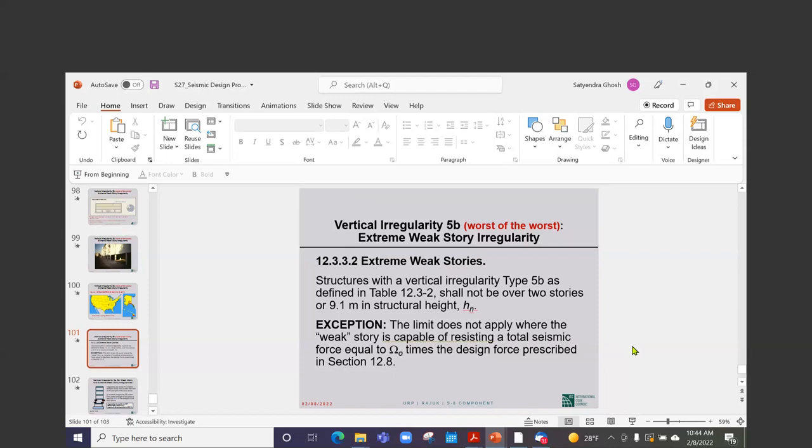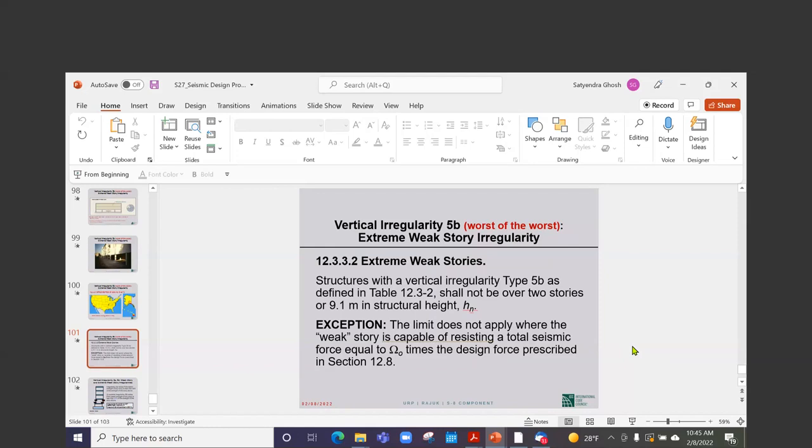So the limits of C sub u T sub a do not apply. It would be preferable to use the rationally computed period rather than the approximate period, because the approximate period assumes more stiffness, but the code never explicitly tells you that you cannot use drift computation based on the approximate period.